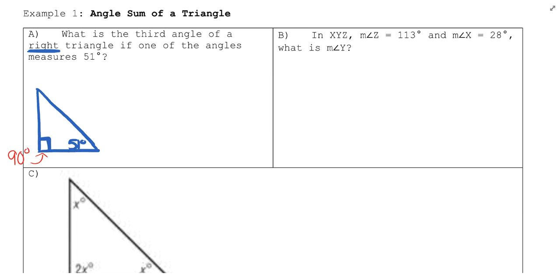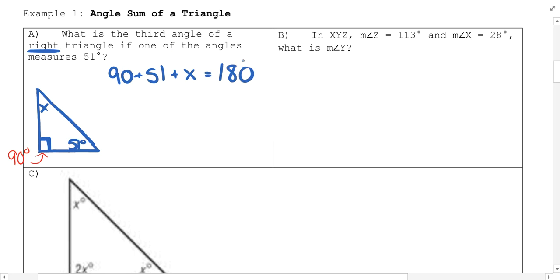To set up this problem, I would do 90 plus 51 plus my missing angle, we'll just call it x. We know that the sum of the three angles in a triangle has to add up to 180 degrees. So if we add 90 plus 51, we get 141 plus x equals 180.